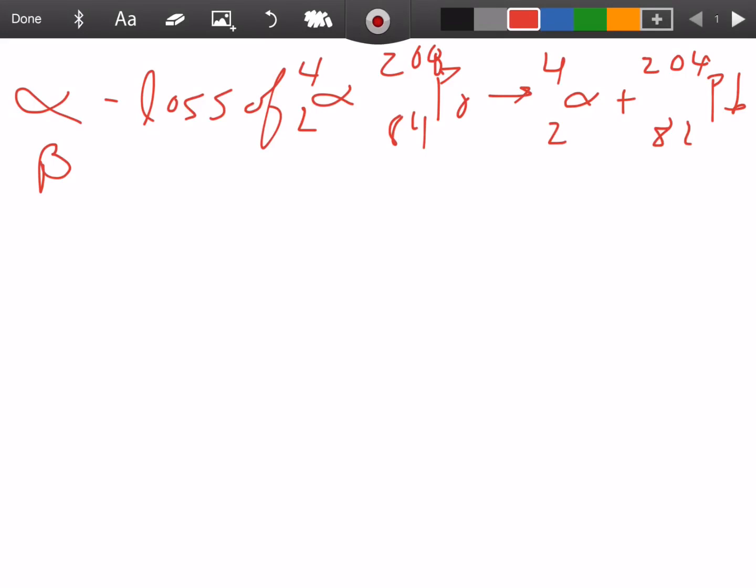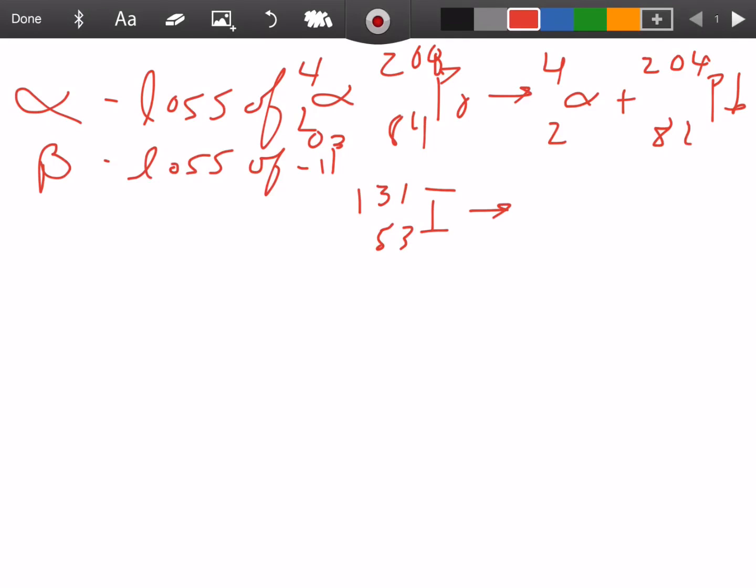We can also have beta decay. Beta decay is a loss of essentially an electron. An electron we write as B with a -1. It has 0 mass. An example of this might be something like iodine 131. Iodine 131 has 53 protons.